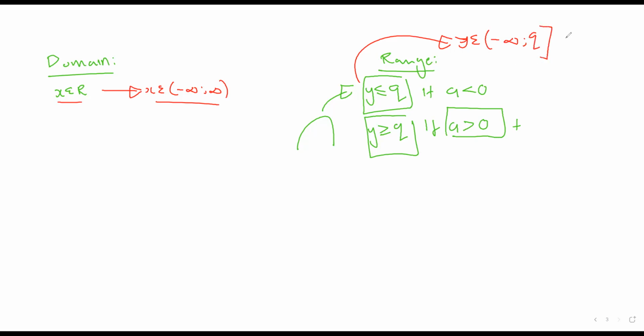The reason for the square bracket is because of less than or equal to. If there is a greater than or less than sign with equal to, you write a square bracket. Then this one, we can also write as y element of square bracket q to infinity.